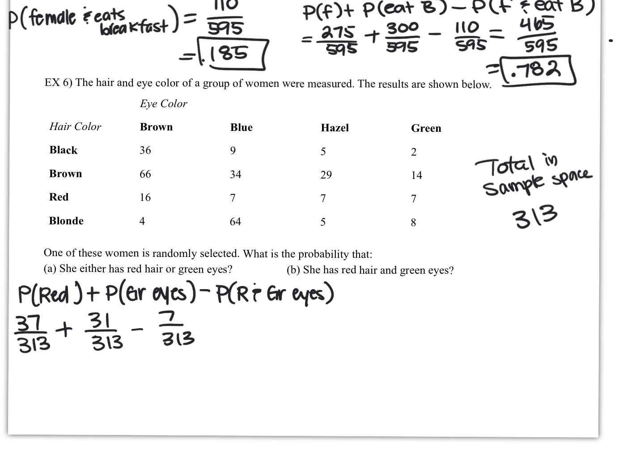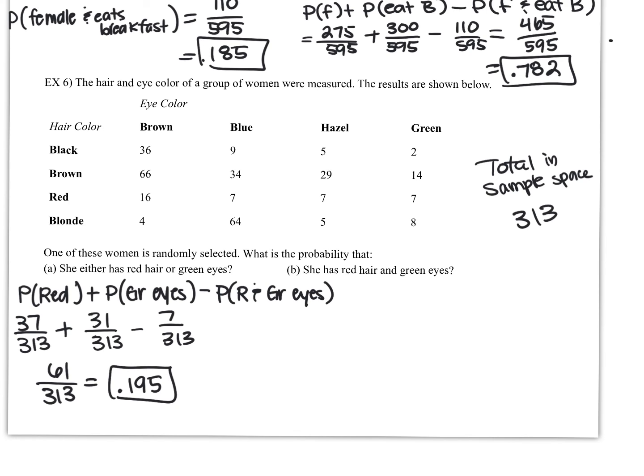So 37 plus 31 minus 7 gives us 61 out of 313, which is 0.195. So almost 20% chance.